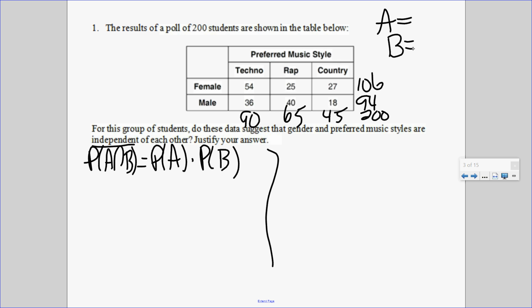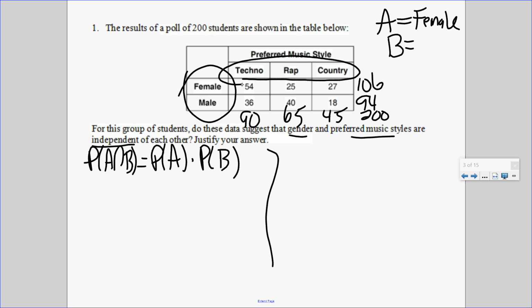One of them has to be a gender, and the other has to be a preferred music style. So I'm going to say that A is going to be female. So the only thing that B can't be is male. One of them has to be one of these. The other one has to be one of these. So I'm going to go rap.